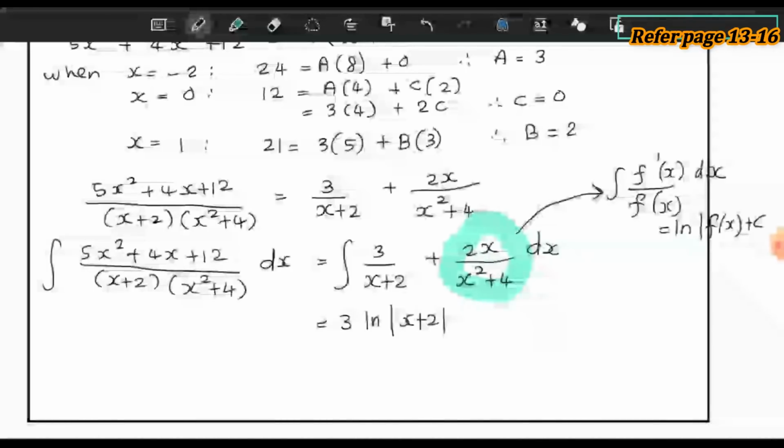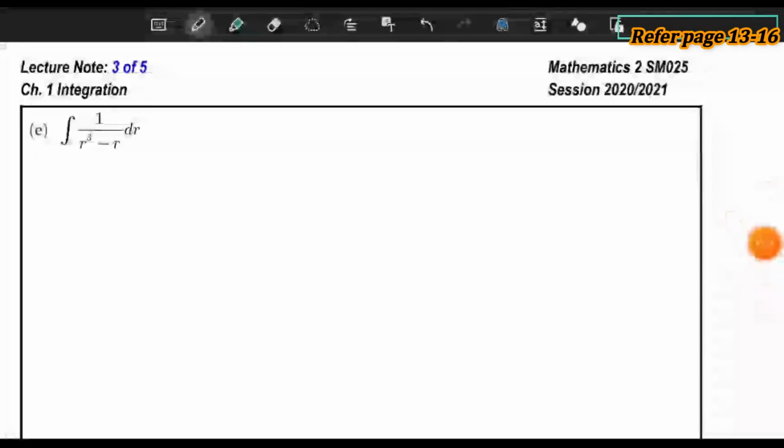So the answer is 3 ln of x plus 2 plus ln of x squared plus 4 plus d, because we have used c already, so I'm using d. But for those who cannot remember this rule, you can use the substitution method.